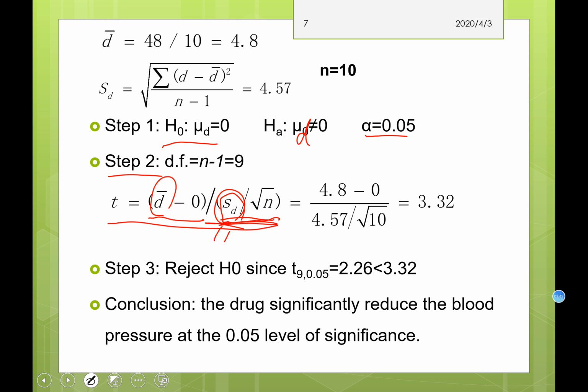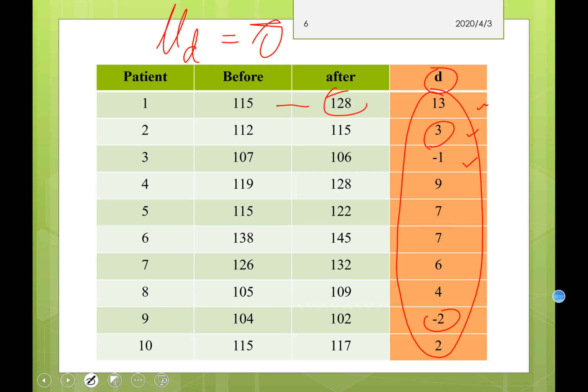So how can we get d bar and SD? Let's go back to this part. We said that d bar is the sample mean of the difference. Let's go back to the last slide. This is the difference, and there are 10 numbers for difference.